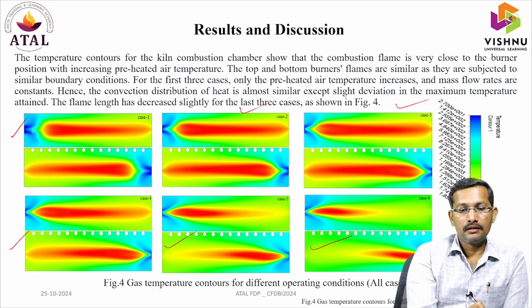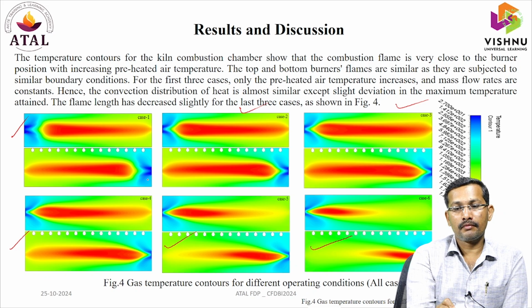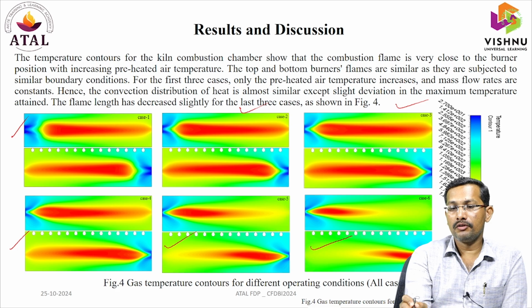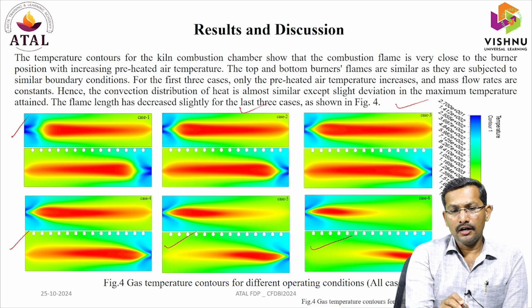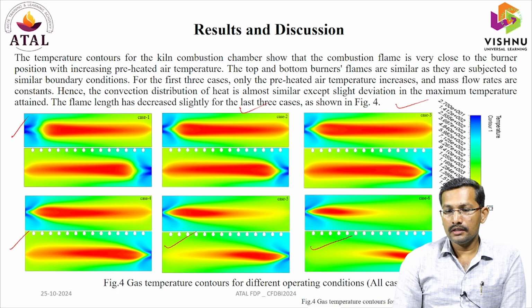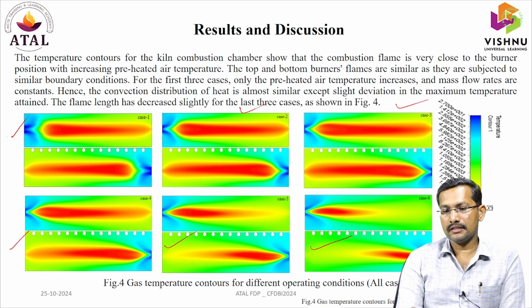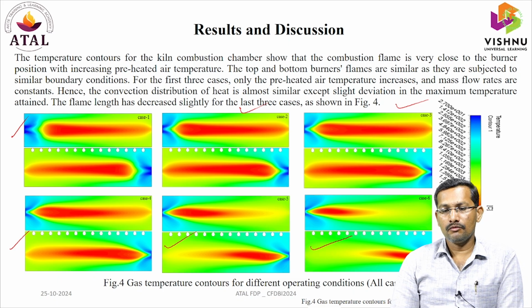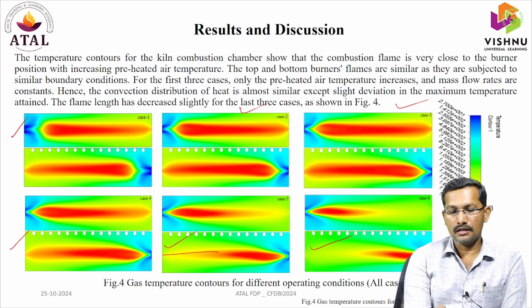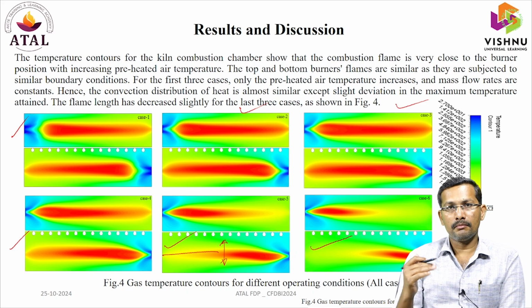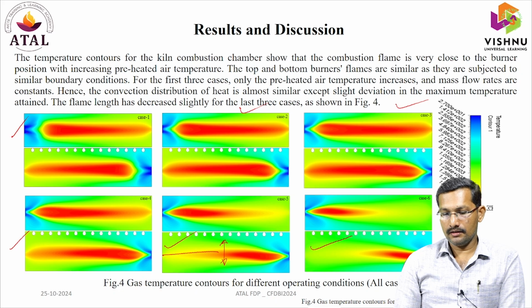This is the top burner, this is the bottom burner, and similarly here also top burner, bottom burner. This is the flame length and flame width. If you observe, cases 1, 2, 3 almost look similar, even case 4, whereas case 5 and case 6 have somewhat decreased flame length; it is not intense up to the mark. Even this part is also not up to the mark.